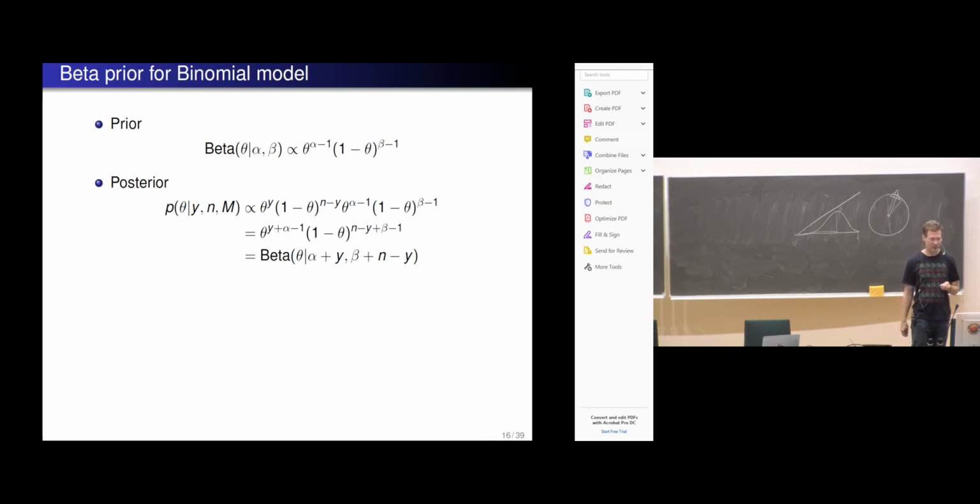And if you put alpha equals 1 and beta equals 1 to that beta distribution, you can see there's theta exponented to 0 and 1 minus theta exponented to 0, which is uniform.